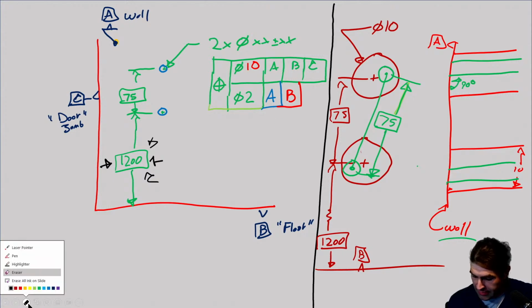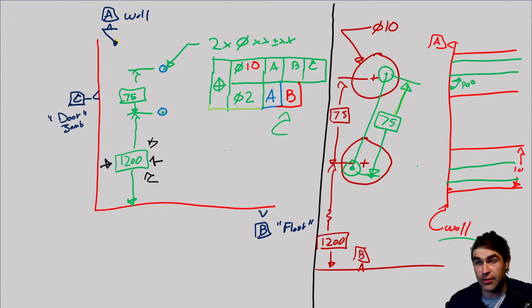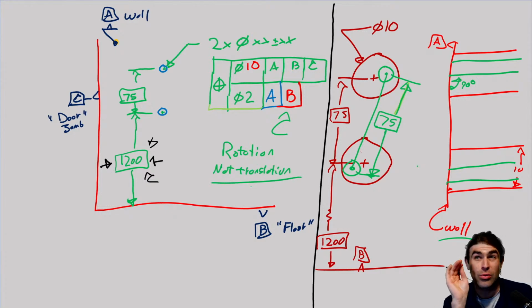What this does, and this goes back, datum B is going to control rotation, not translation. That's really important to remember to decipher these. They're not always going to be this easy. Rotation, not translation. What in the world do I mean by rotation?